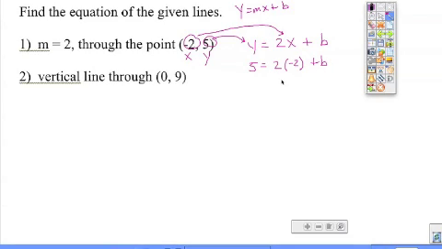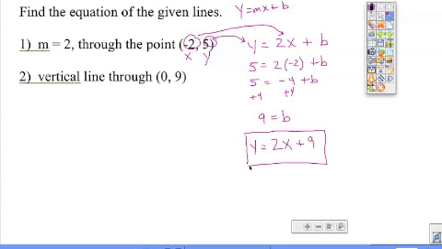So 2 times negative 2 is negative 4, plus b is 5. I'm going to add the 4 to both sides, and I'm going to get 9 is equal to b. If I'm finding the equation, my answer would not be 9, but y equals the slope times x plus the y-intercept.